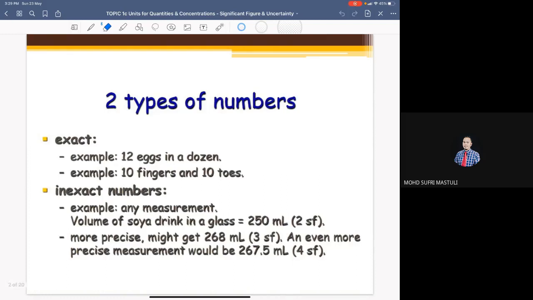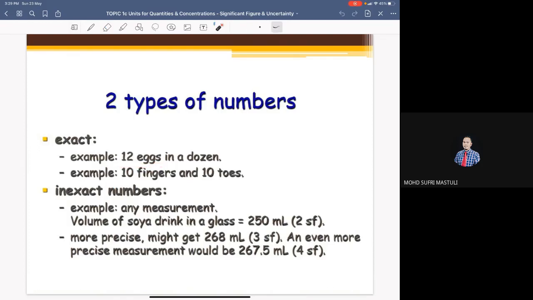There are two types of numbers, either exact numbers or inexact numbers. An example of an exact number is 1 dozen of eggs. We know 1 dozen of eggs contains 12 eggs.